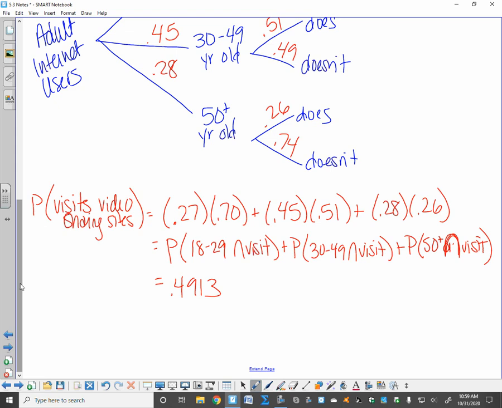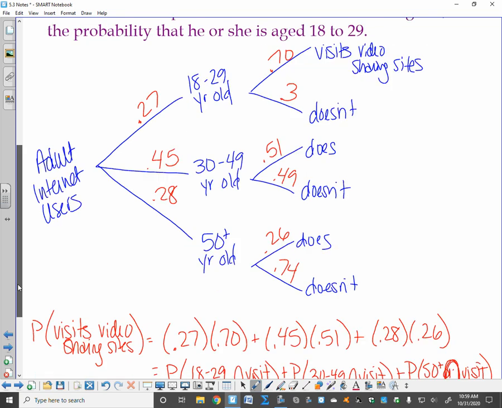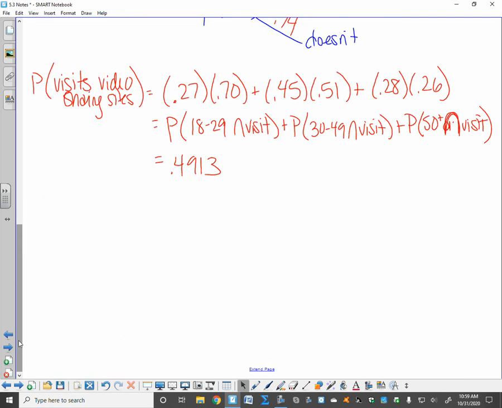Okay, all right, now pause it and try question C. Given that this person has visited a video sharing site, find the probability that he or she is 18 to 29. So I know you visit the site. And again, that's what we found in part B. See how that information builds? Find the probability that he or she is age 18 to 29. You kind of write it like a statistician.